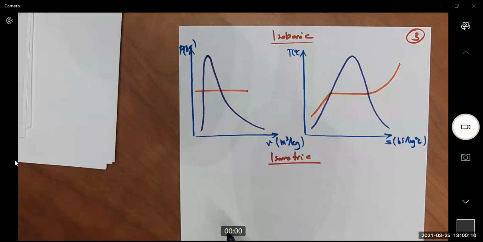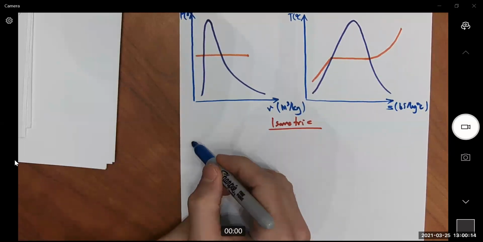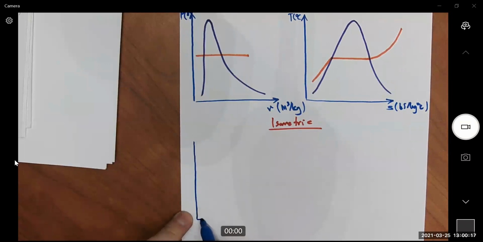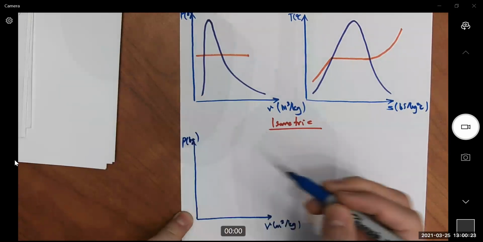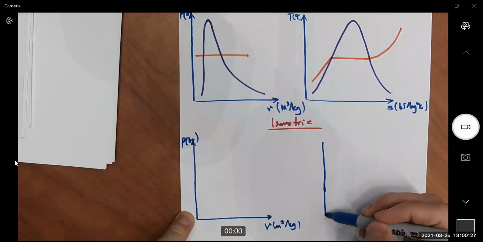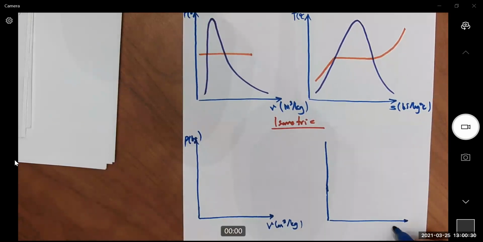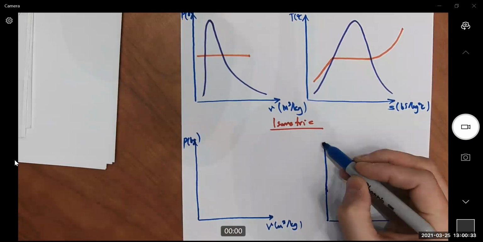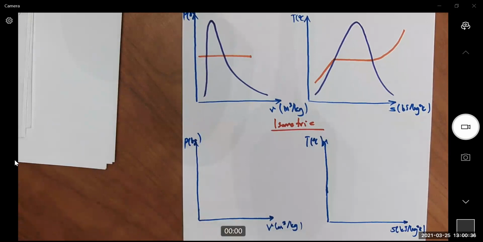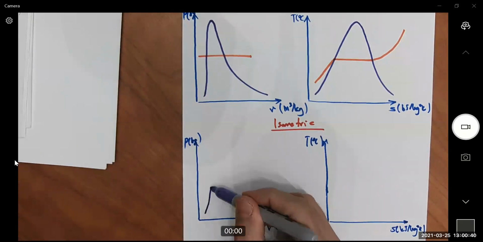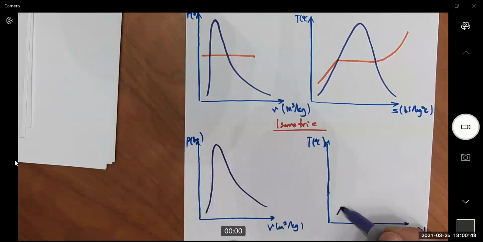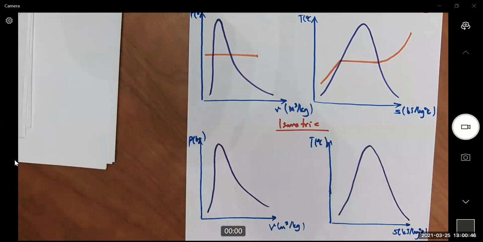Isometric process, right? Constant volume. How would it look on a PV diagram?